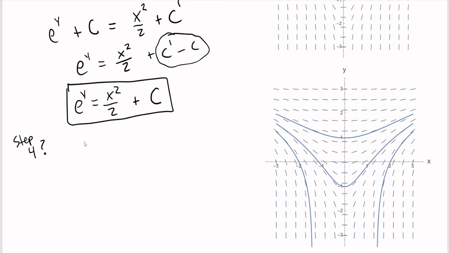Well, we can take the natural log of both sides, right? What do we know about e to the y? e to the y is always a positive number, never 0. So taking the log of that is totally fine. Log both sides. Boom. Then these cancel and we get this.